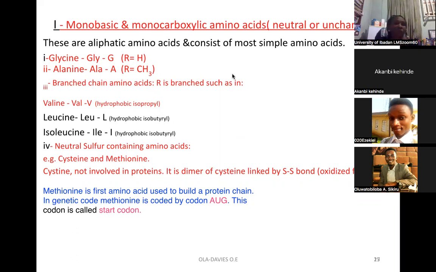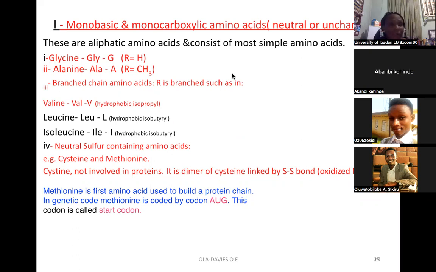Examples could be glycine, which we know to be the simplest amino acid, and alanine, which has just a methyl group in addition to glycine. These are all neutral or uncharged amino acids, because they have just one basic and one acidic group, and each neutralizes the other.